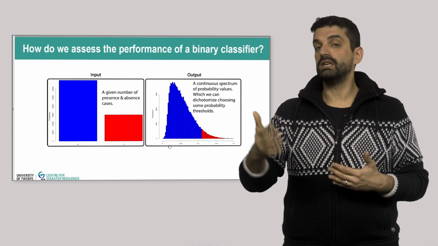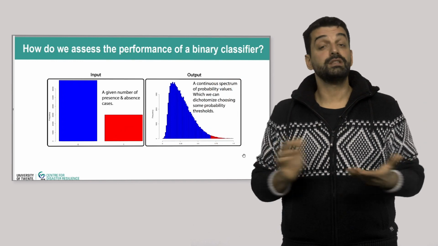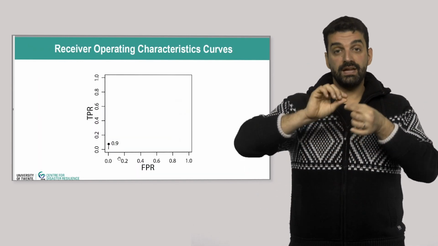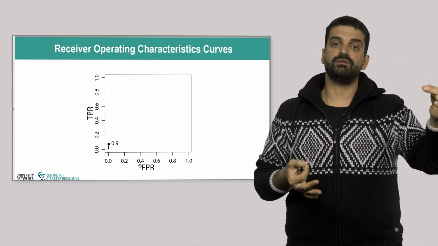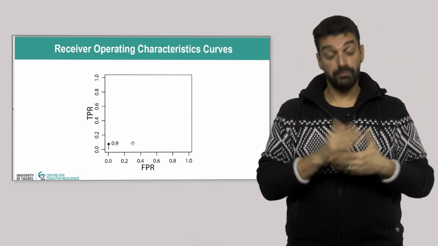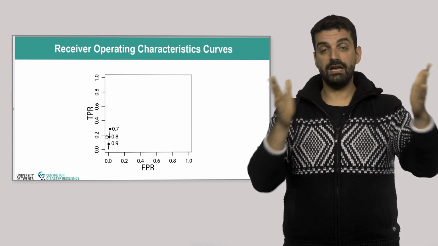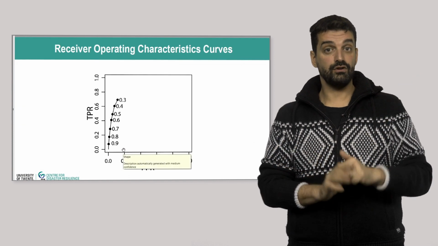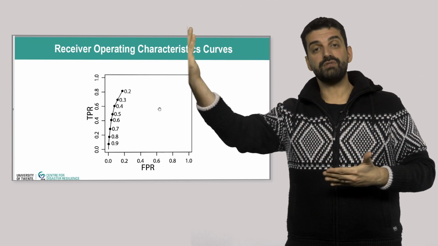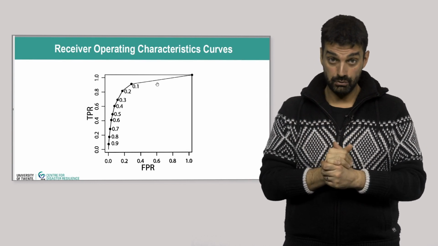So 1, 2, 3, 4, 5, 6, 7, 8, 9, and a million times if you need. And you can then retrieve the values of the true positive rate and false positive rate for any probability threshold that you chose, and replot them in a two-dimensional space characterized by, again, true positive rate and false positive rate, and reconstruct a curve where each value is a probability threshold we chose.